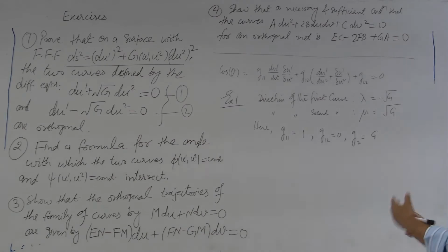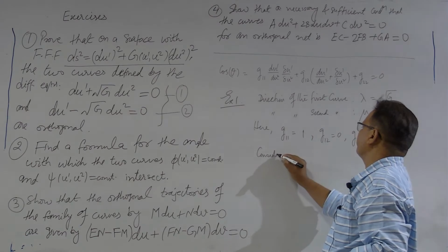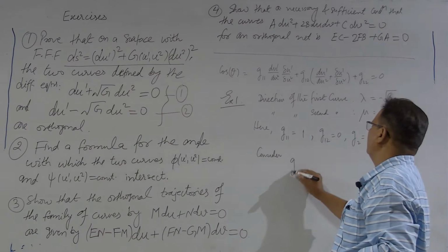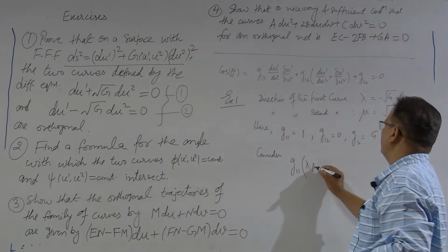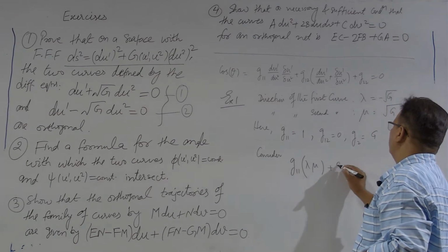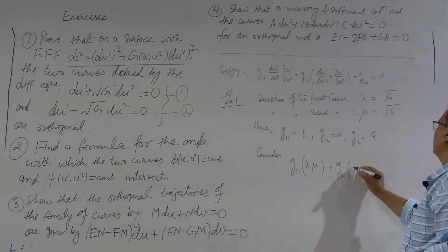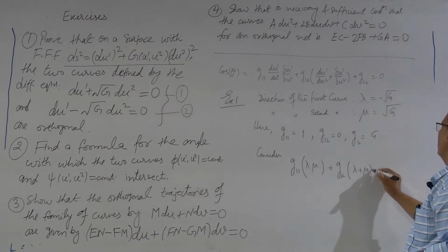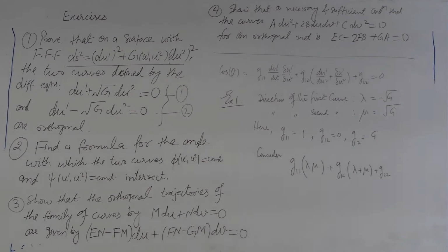Now, see G11. So, consider G11 into the product of the directions, that is lambda into mu, plus G12 into the sum of the directions, lambda plus mu, plus G22. Let us see how much it is.